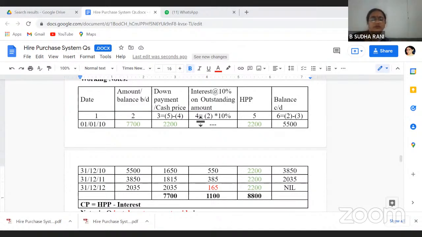One is for purchasing the asset on credit basis, second for payment of the initial amount, and third onwards are the year-ending installments. Whatever the number of installments, that many years. Under each year you will write one due entry for installment money, one interest due entry, and one received entry for the installment received. Almost 3 to 4 entries.